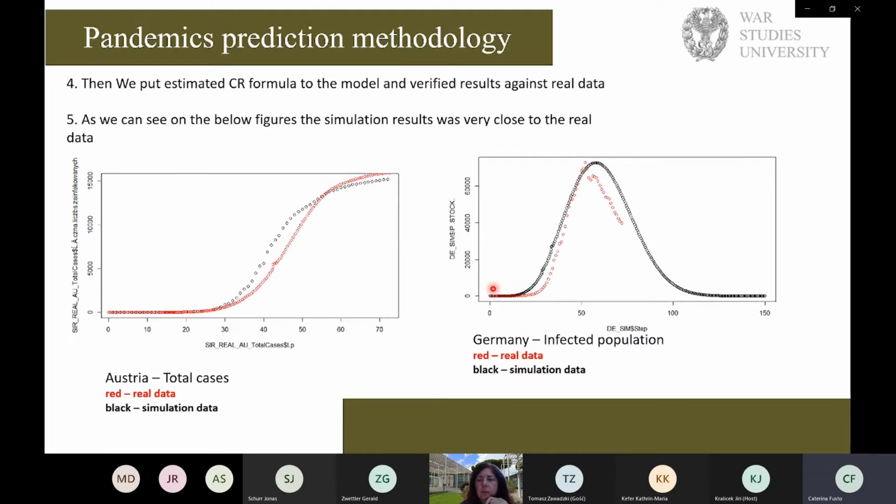It is the same, for example, for Germany, when we tried to predict infected population. The real data, represented by red points, is very close to the simulation data, represented by black points.